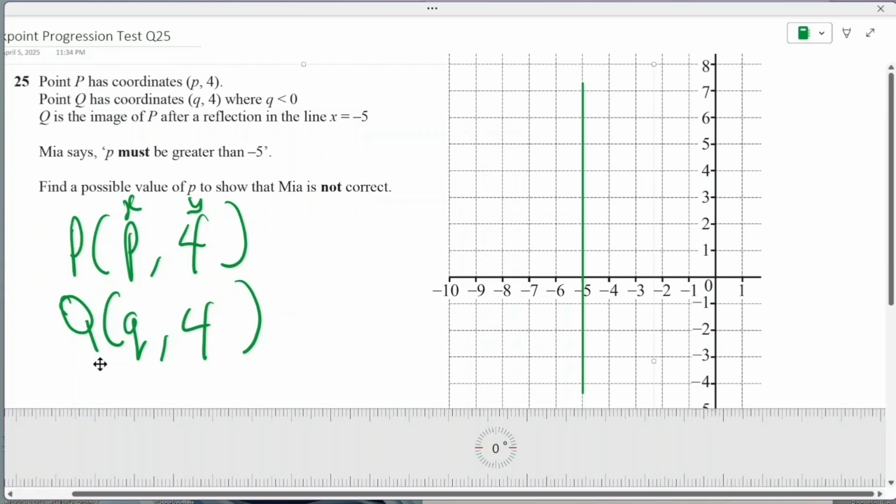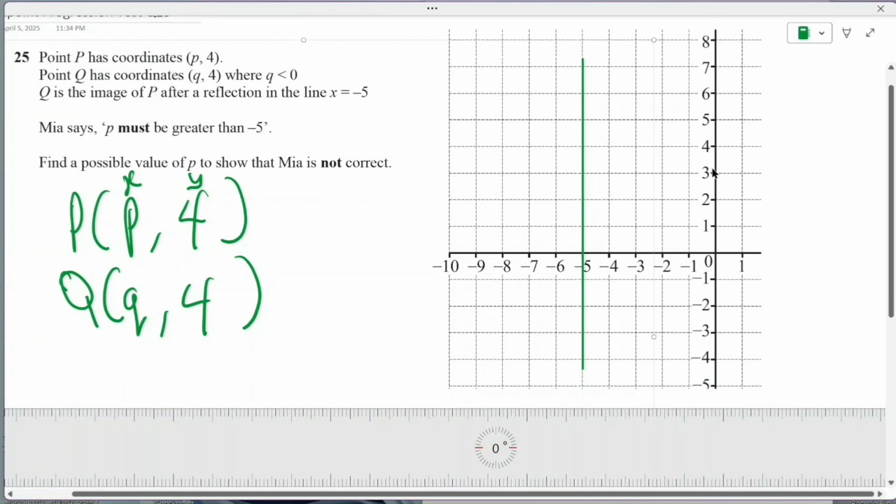Noting that the x coordinate of point Q is negative because it's stated here that q has a value of less than 0, q could be -1. Also noting that the line of reflection is at x is -5, the line of reflection will be perpendicular, or at 90 degrees, to the x-axis, which means it's parallel to the y-axis.